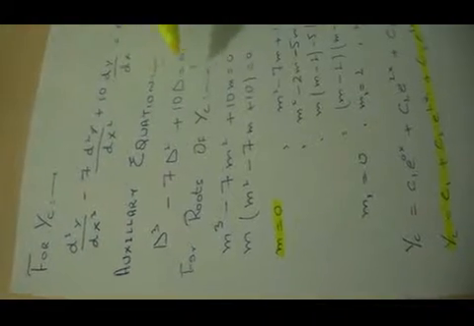For roots of yc, we just have to replace D with m. Now our equation becomes m^3 minus 7m^2 plus 10m is equal to 0.